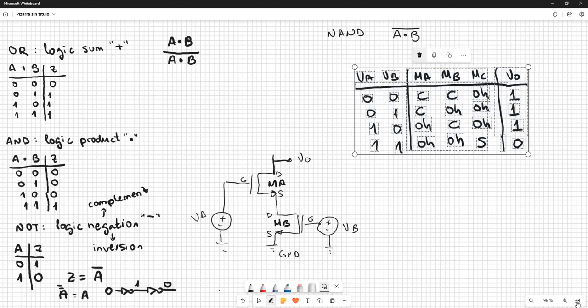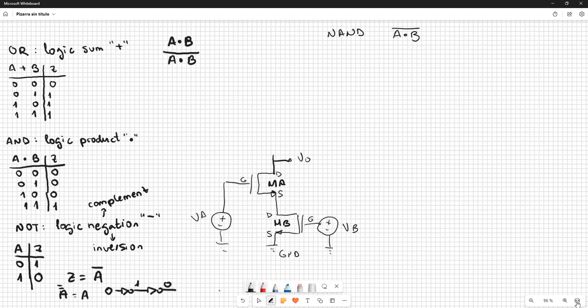So I'm going to keep the same base, and I'm going to design the load part of this gate. Remember that we need the complementary part of the base. So we need two transistors that are going to be PMOS, and since the base transistors are connected in series, the load has to be connected in parallel.